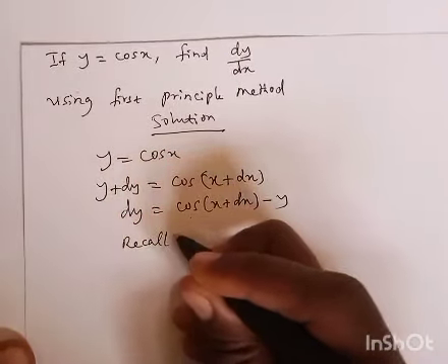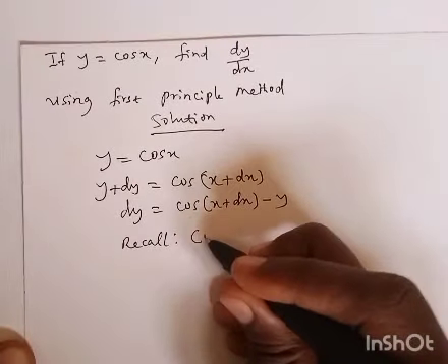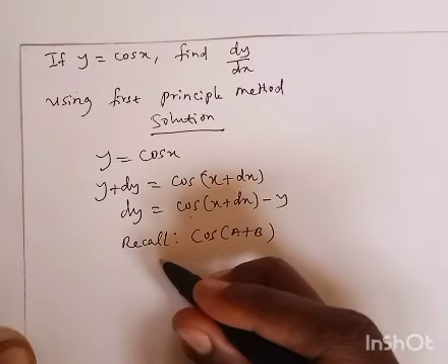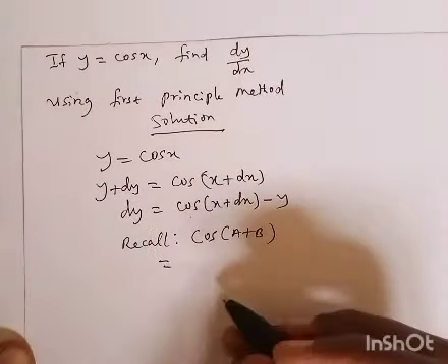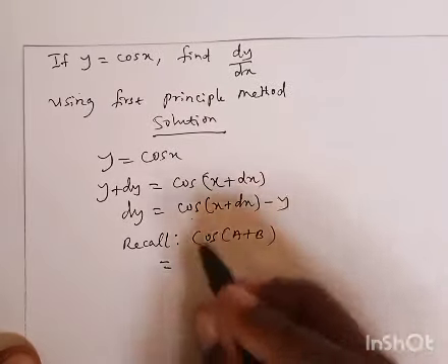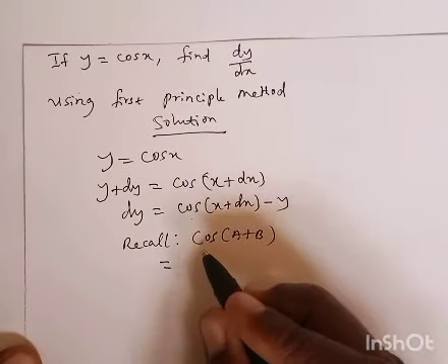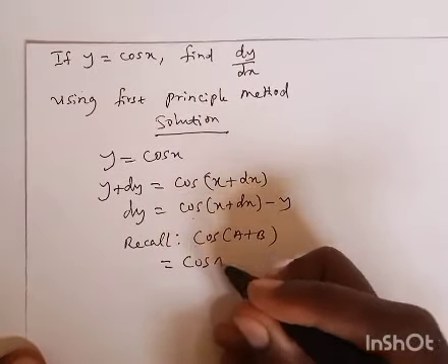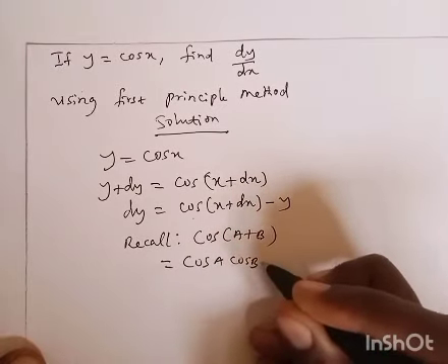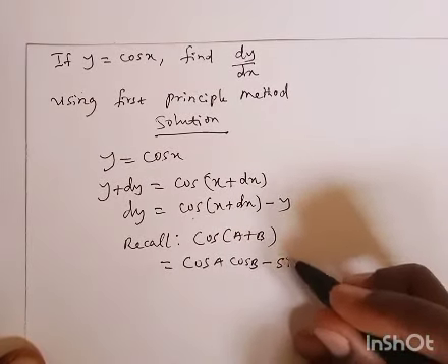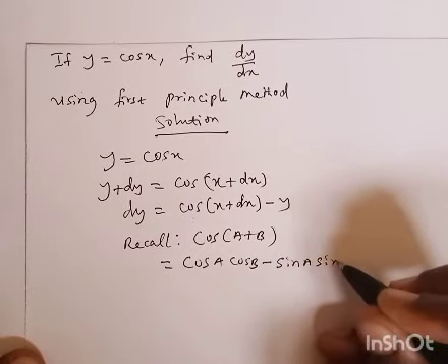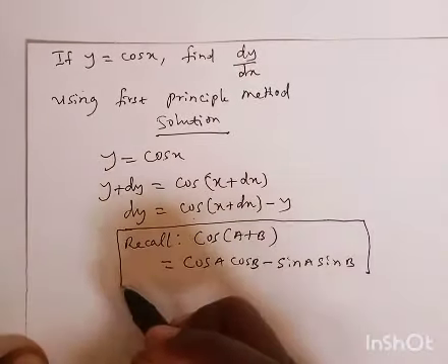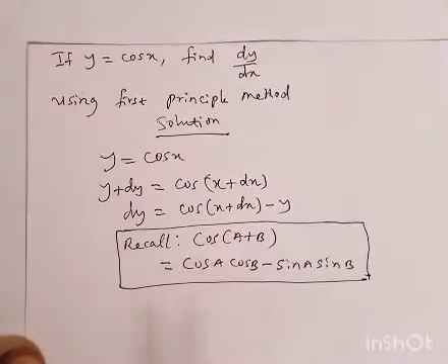Recall the double angle formula in trigonometry. If you have cos(A plus B), this is the same thing as cos A cos B, then minus sine A sine B. So you see we have cos A cos B minus sine A sine B. This is called the double angle formula in trigonometry.